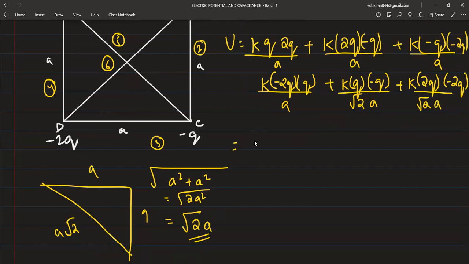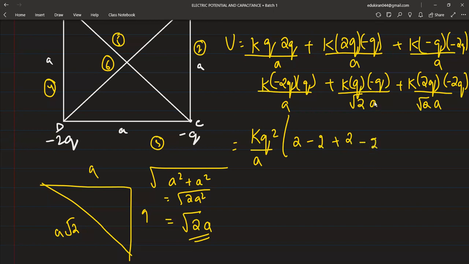So what we can do, we can take K Q square by A common. Let's see what we are left with. K Q square by A. So 2. K Q square by A. So minus 2. K Q square by A. So again plus 2. K Q square by A. So again minus 2.